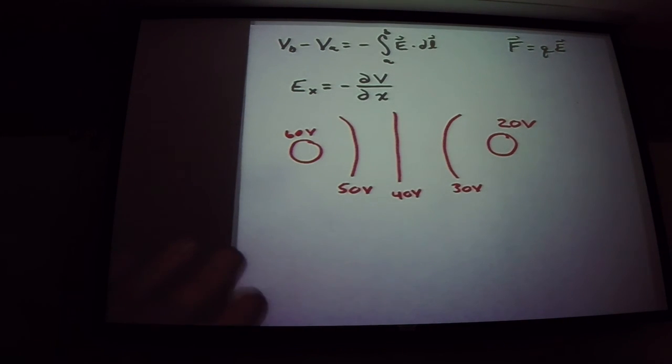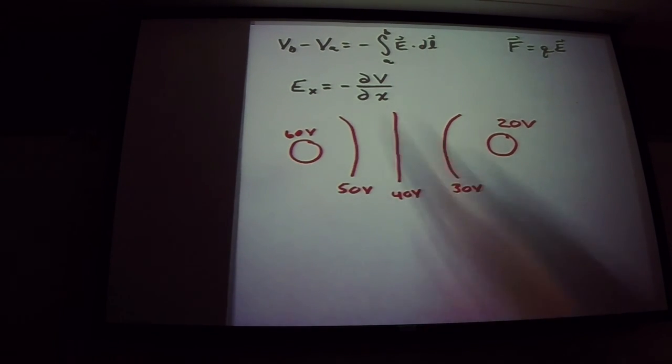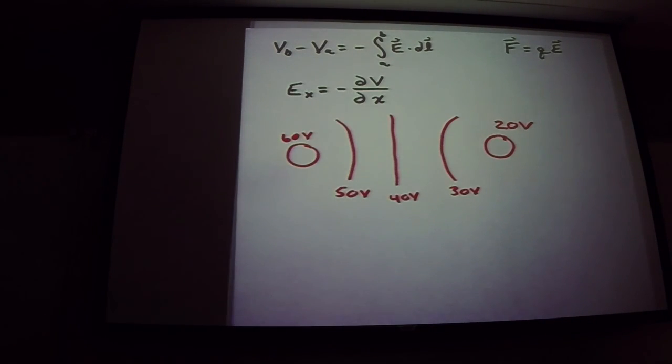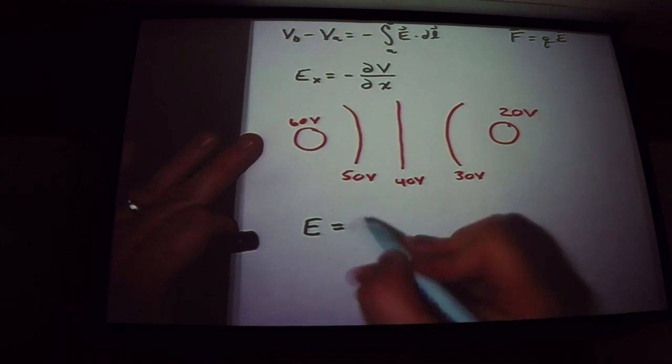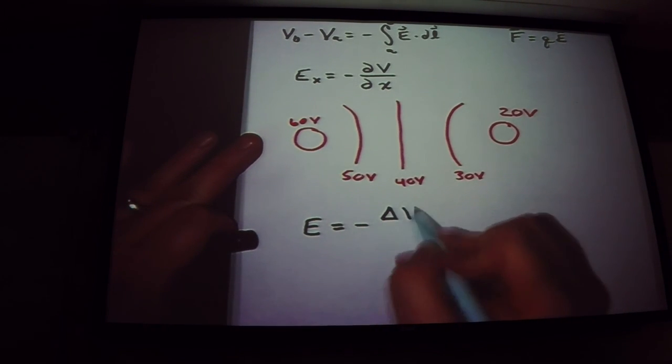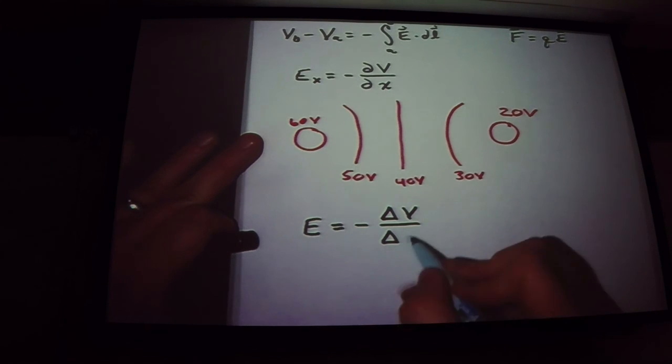We're going way, way back, remember when your first equation was the average velocity and you used deltas instead of derivatives? That's conceptually easier to understand. So the electric field is equal to minus delta V over delta X.